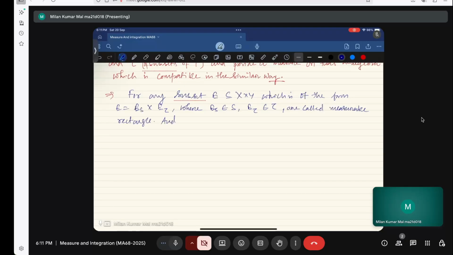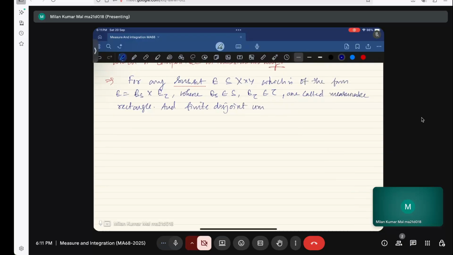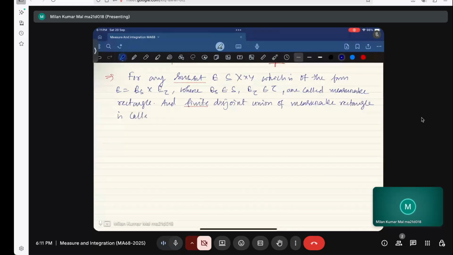A finite disjoint union of measurable rectangles is called an elementary set.